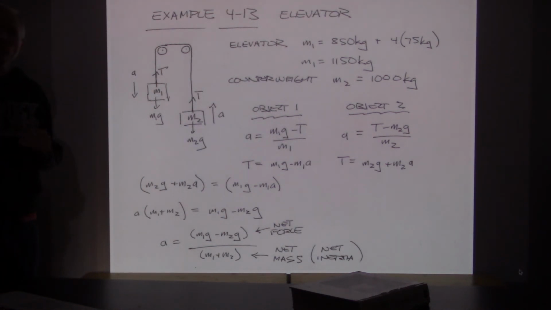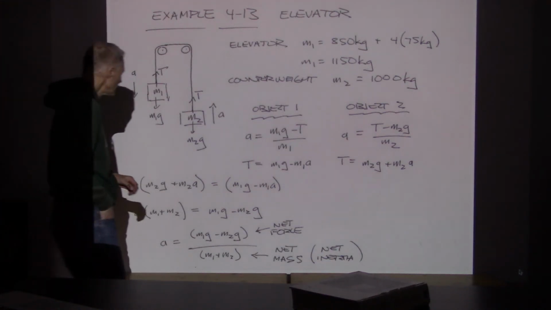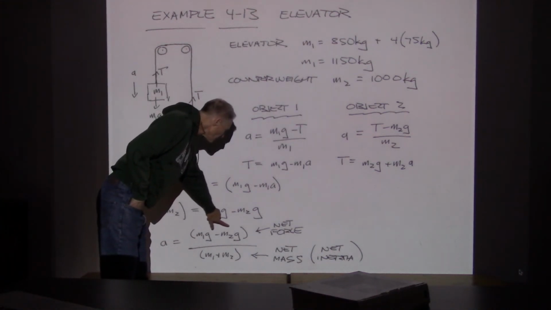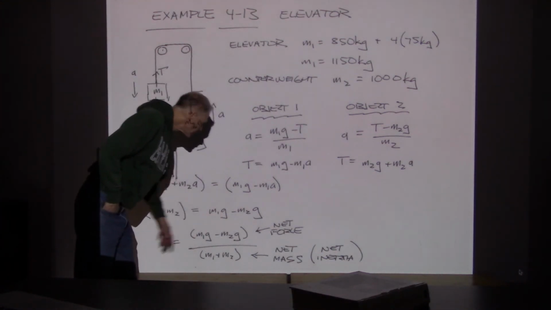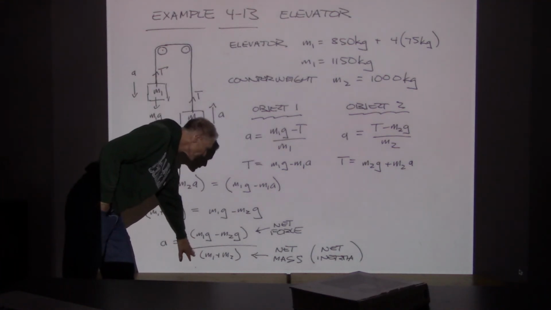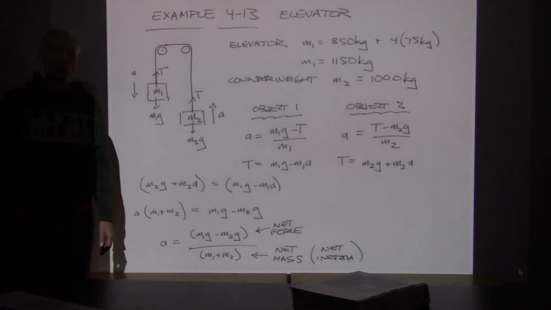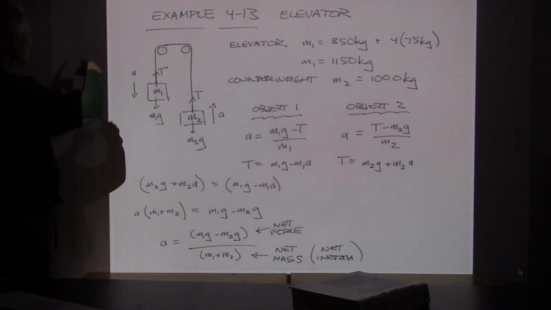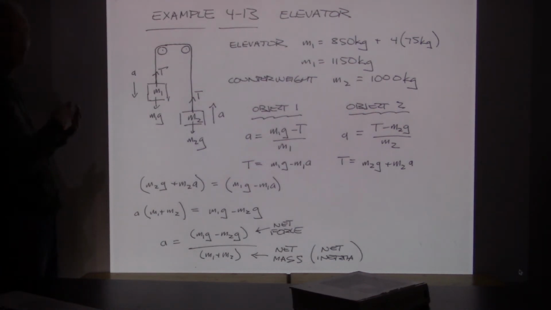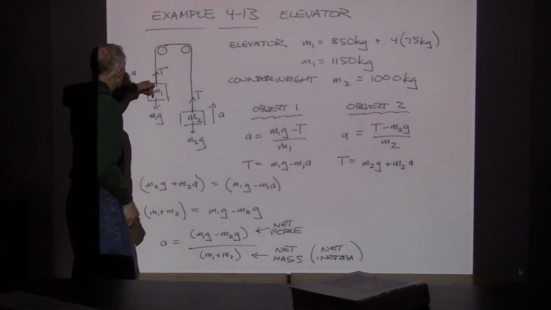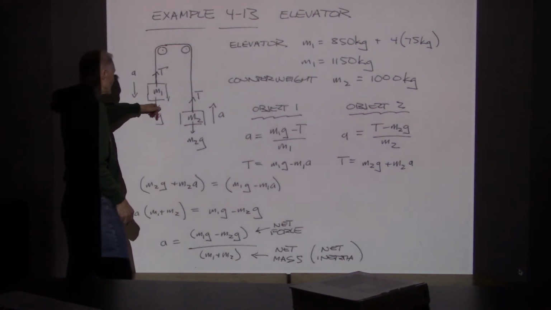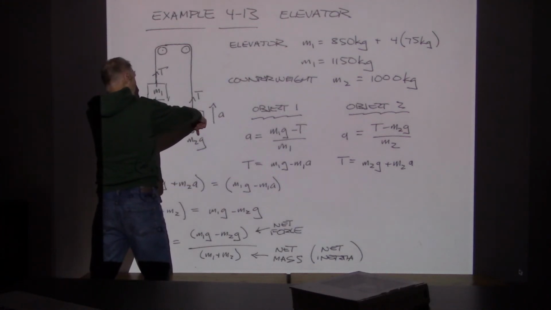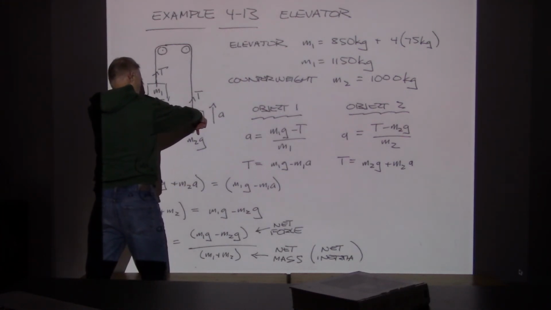Now, up here are the gravitational forces. So the net force driving this system is going to be m1g minus m2g. The inertia is going to be m1 plus m2. So at the end of the day, I could have set this up as if it were one object, being pulled with m1g here, but opposed with m2g here.